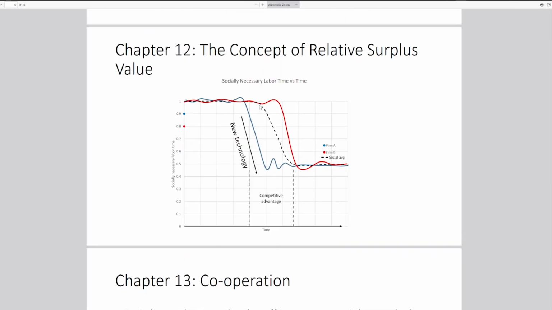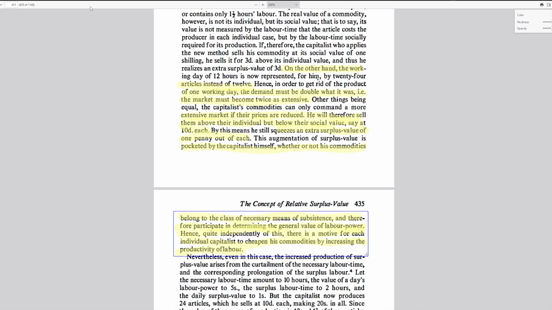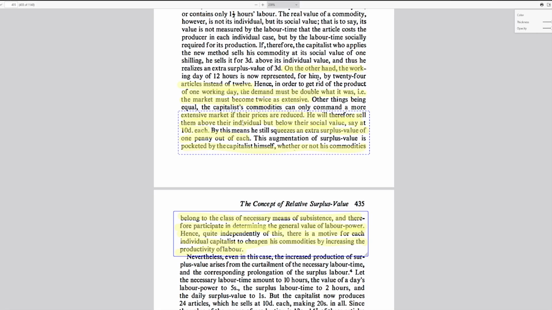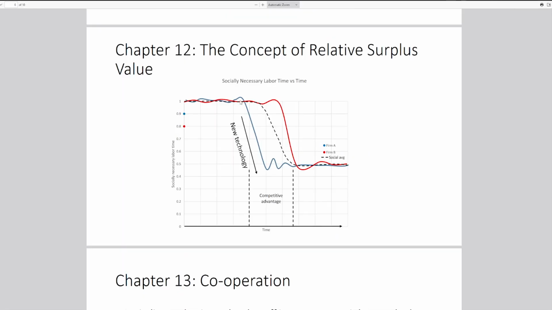So, if the black dotted line is the social average, he can sell them below that, but above their individual value. So the blue line would be the individual value. It's how much time the capitalist, or in other words their workers, actually put into it. And so let's say it's half an hour, 30 minutes of labor time.